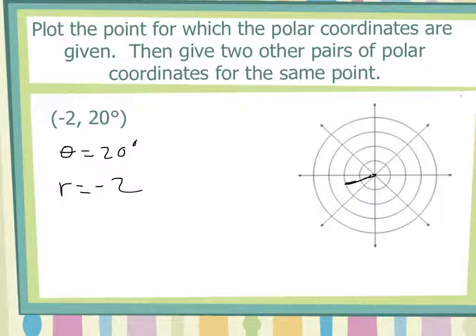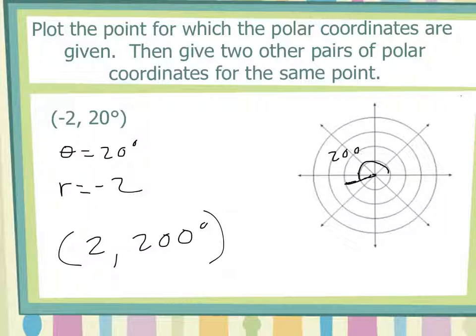One other point that would describe the same location is if I wanted to switch this to a positive 2, I could say just turn counterclockwise 200 degrees. That would be like that. You're 180 and then plus 20 more. That would be 200 degrees and r equals 2.